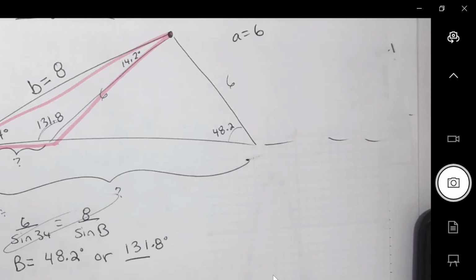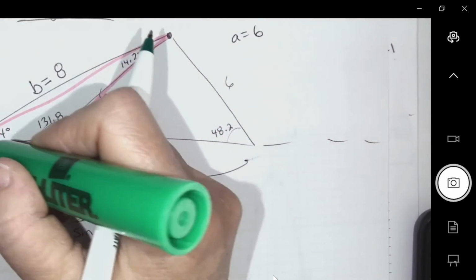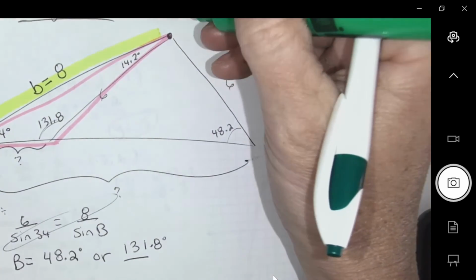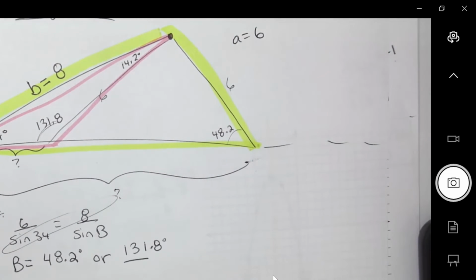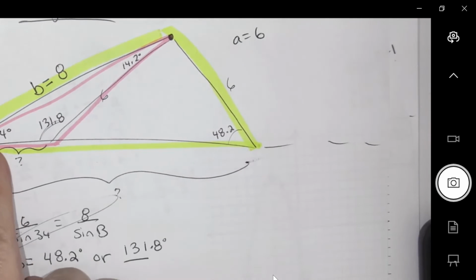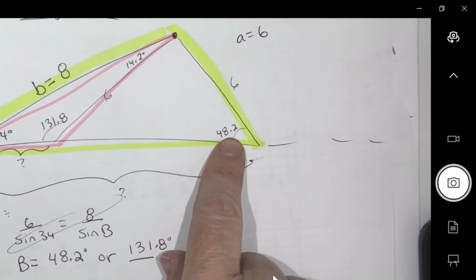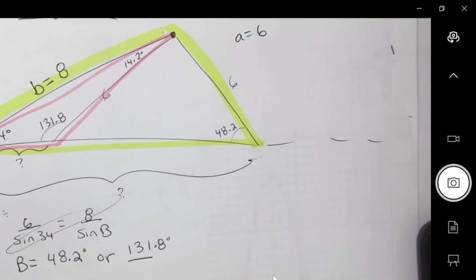Then we have our other triangle, 6, 8, and what? That would look like this. So what's the third angle in that green triangle? You have a 34 in this corner and a 48.2 in that corner.